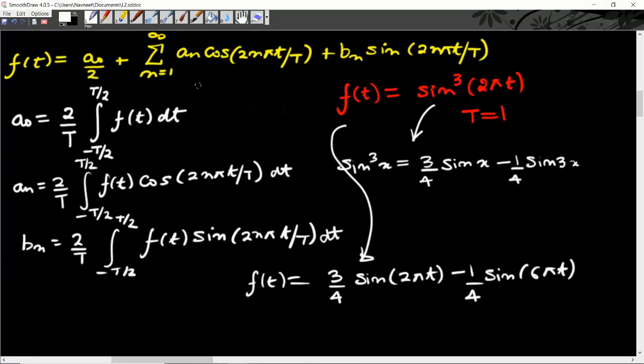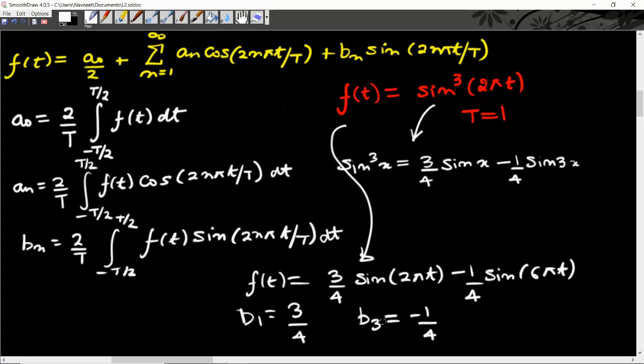So we see that for n equals 1, b1 is equal to 3 by 4, and we have a sine 6 pi t term, so we'll have another coefficient which is non-zero, and that corresponds to n equals 3, so b3 is equal to minus 1 by 4, and all other coefficients are 0.